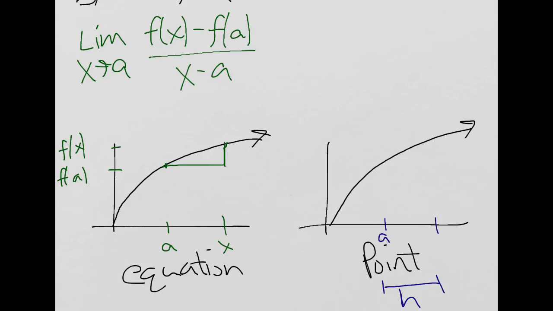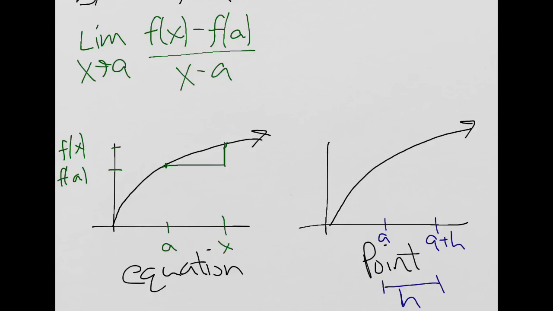Instead of, in the previous one, letting x slide into a, I'm going to let h slide to 0. So a is going to be over here, and h is going to be the distance between a and this point. And instead of assigning a new variable to this new point, I'm just going to say this length is a, this length is h, so this coordinate out here is going to be a plus h.